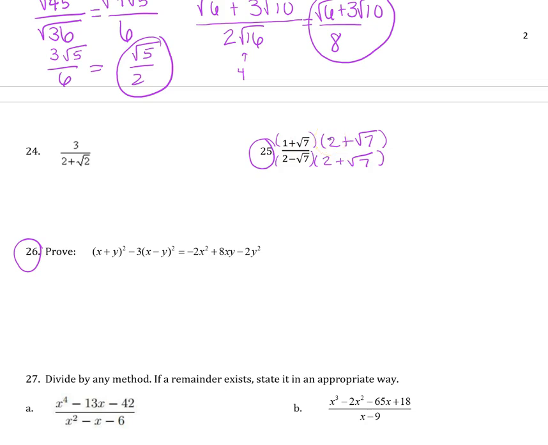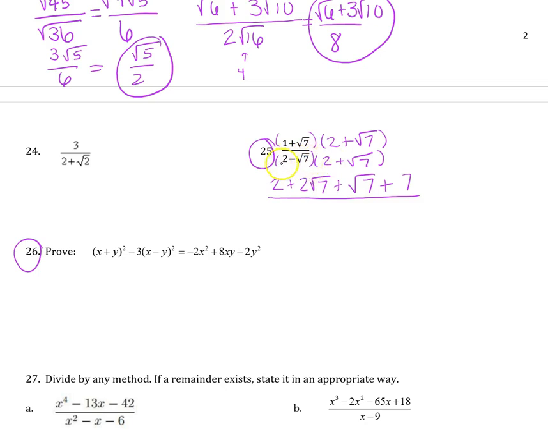Okay, so I'm going to do the numerator first. So I've got 1 times 2, that gives me 2. Then I've got 2 radical 7 plus radical 7 plus, and then radical 7 times radical 7 is radical 49, or 7. My denominator is really nice because the conjugate is what gets rid of my middle terms, my inners and my outers.